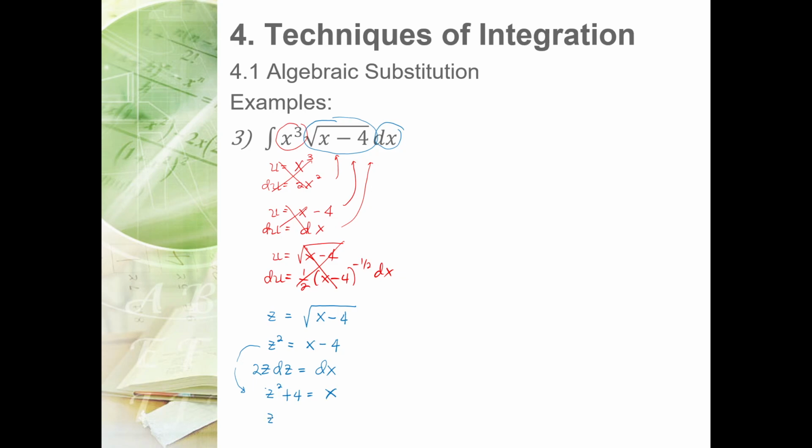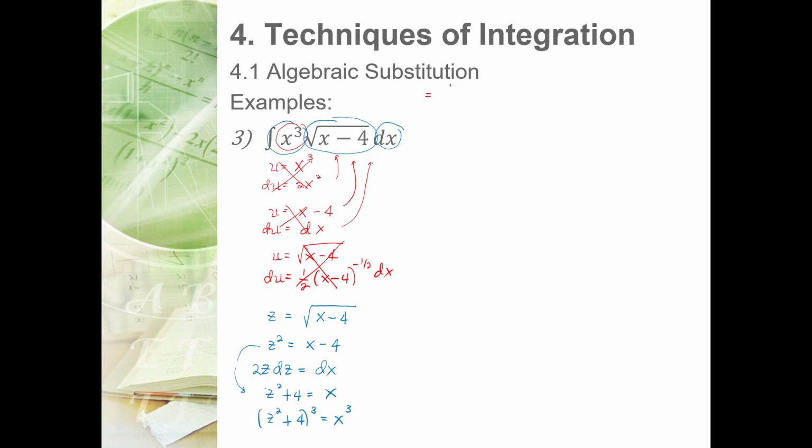Then of course getting the cube, we have z squared plus 4 cube is equal to x cube. So we can replace this term also. So again, there's nothing left to be replaced in the given integrand. Everything can be converted into the z variable.